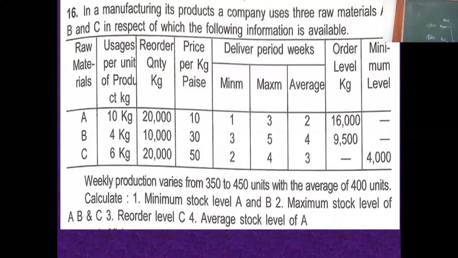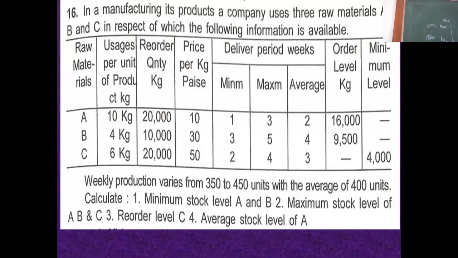Same problem is there, only double of the previous problem. Quantity is double the previous problem. But they ask to calculate additional levels. Raw material ABC is here.